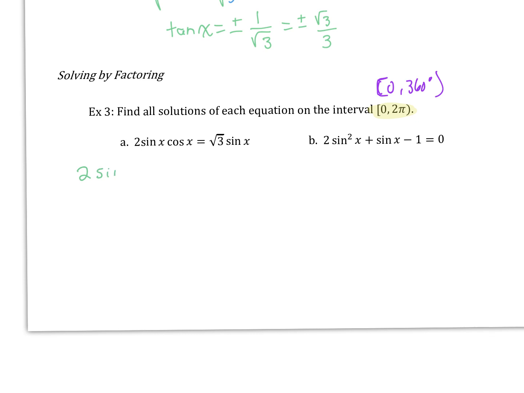So I have 2 sine x cosine x minus root 3 sine x equals 0. So what's the common factor that we can factor out? Sine x. So let's factor out our sine x. And we're left with, on the inside, 2 cosine x minus the square root of 3.